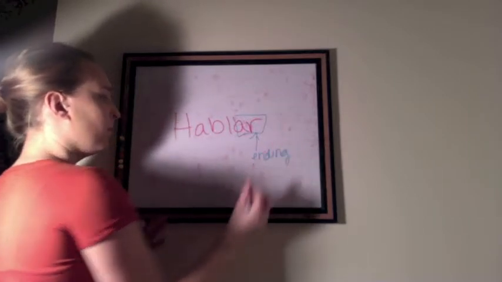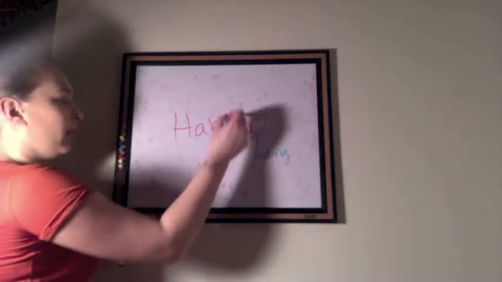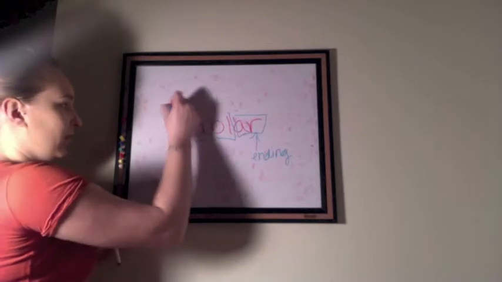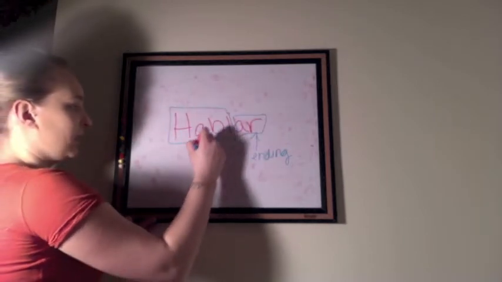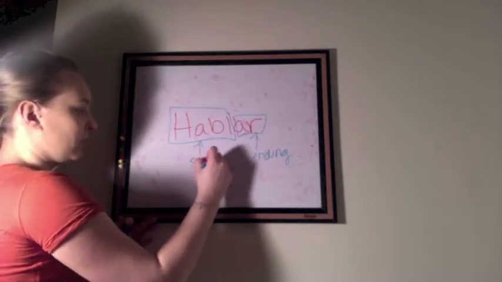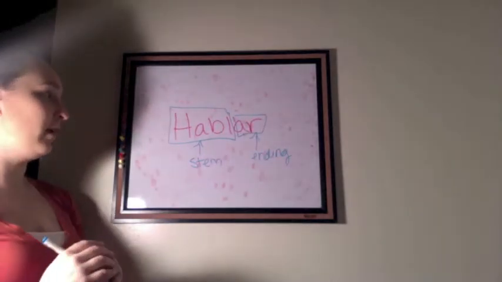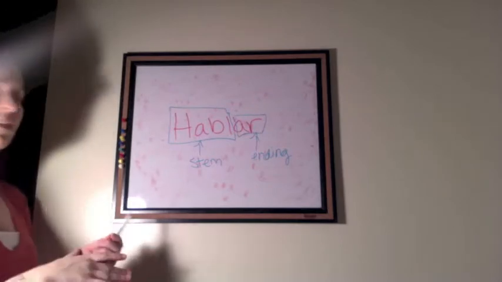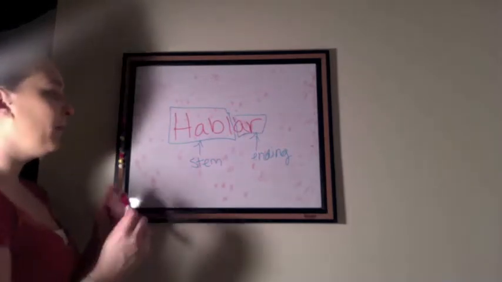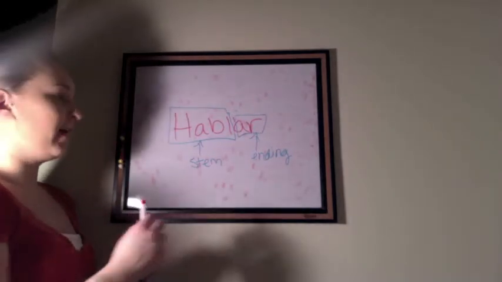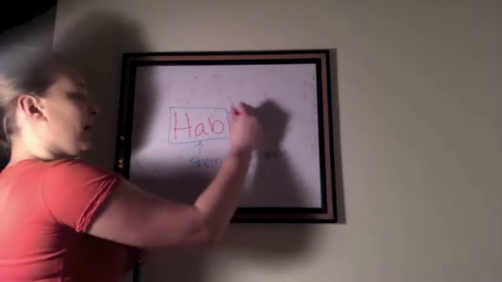And then the rest of the verb, this is your stem. This never changes unless it's irregular, which you'll learn when you're in a more advanced level with different verbs. So when you're conjugating an AR verb, you remove the AR and you attach the ending.